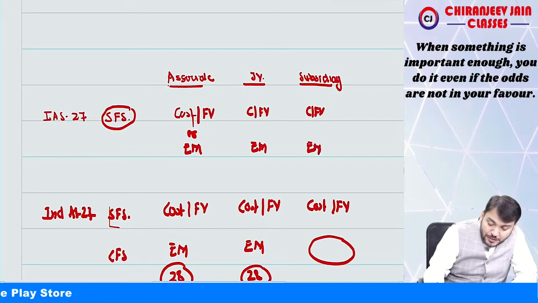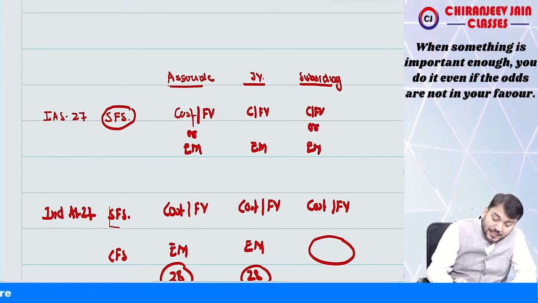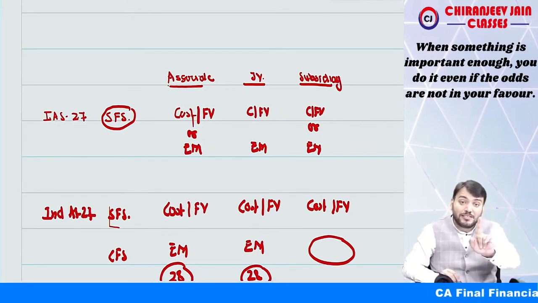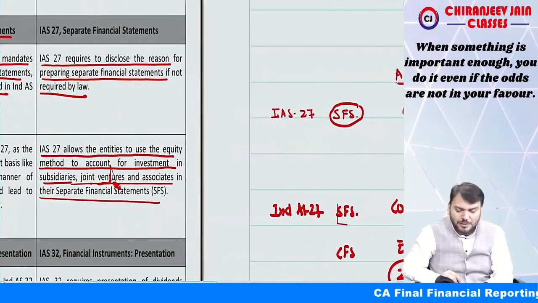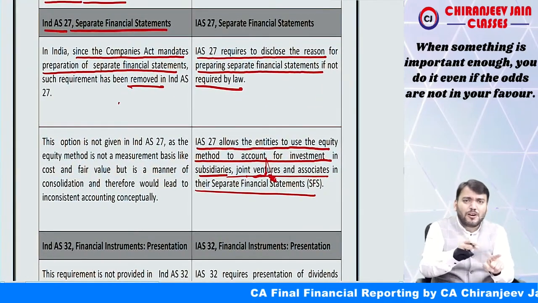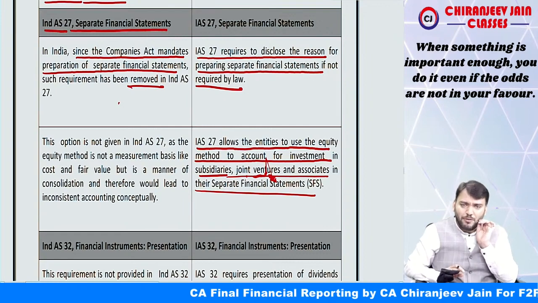This option has been given under IAS 27. But such option has not been given under Ind AS 27. What, not required also? Because equity method is required only for consolidation purpose. Correct now? I hope you understood.